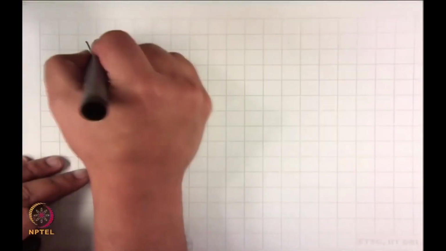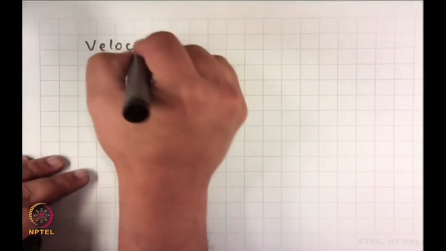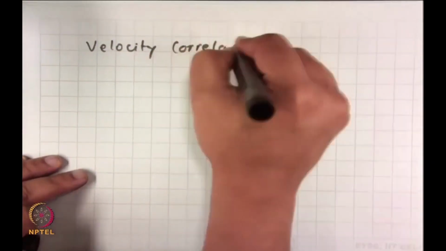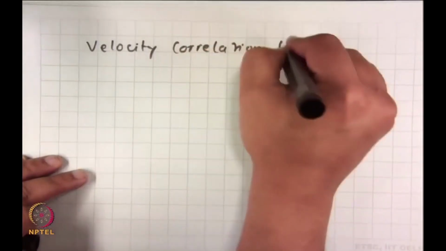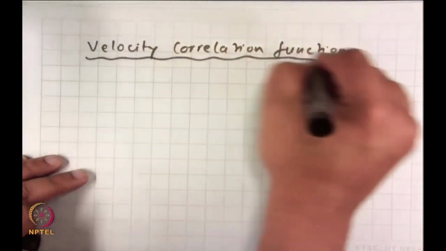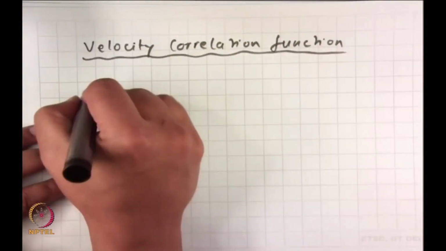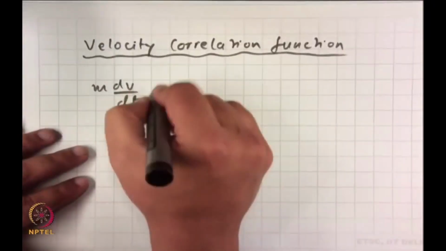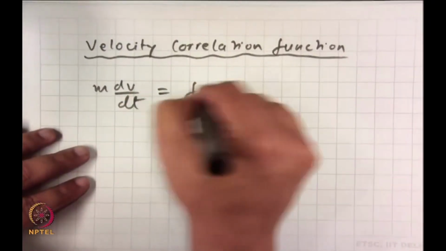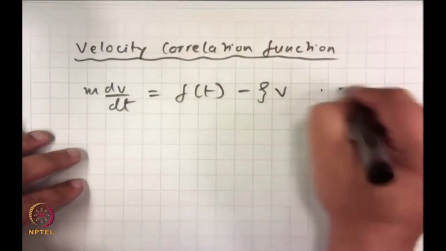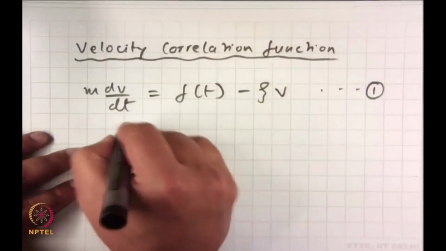So, let us look at the velocity correlation function. We will start with the Langevin equation, m dv/dt is equal to f of t minus v. Let this be 1, and this was your Langevin equation.